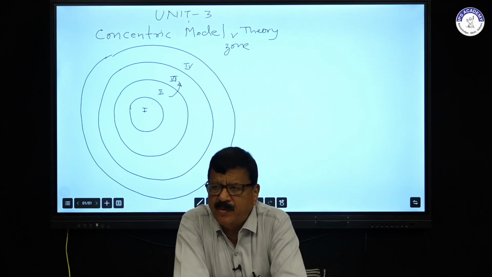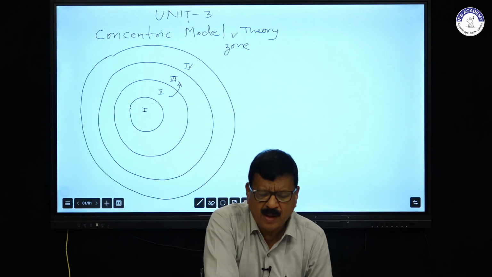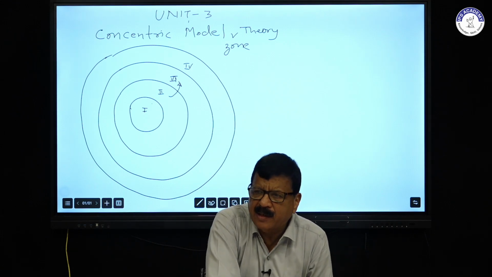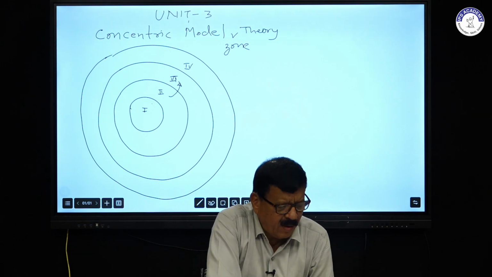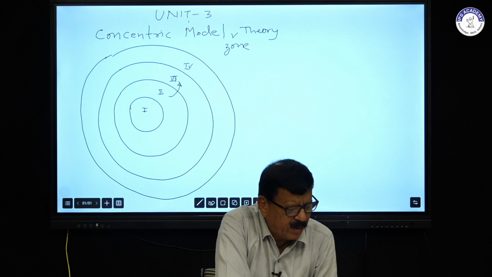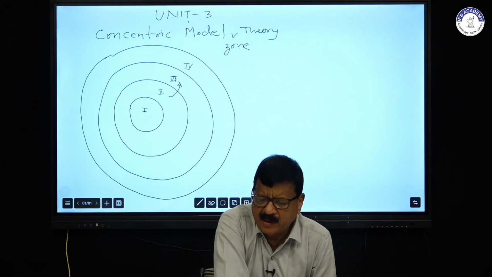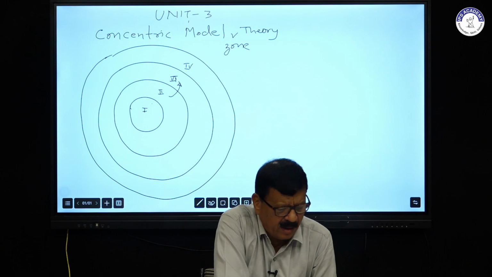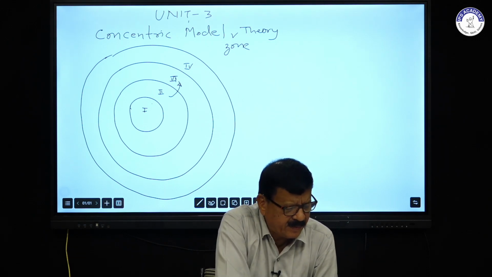Now come to the last, fifth zone, the commuter's zone. According to Burgess, it is the outermost circle beyond the city limits.